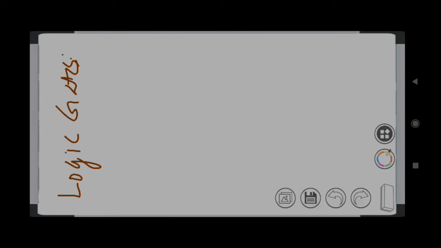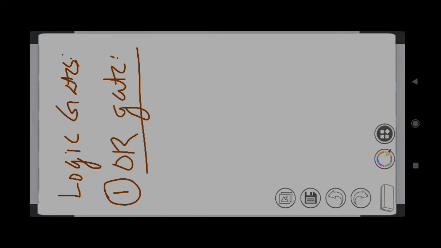Now we are going to discuss the first logic gate, the OR gate. On what logic does this gate operate?